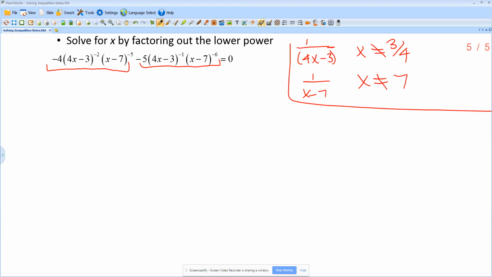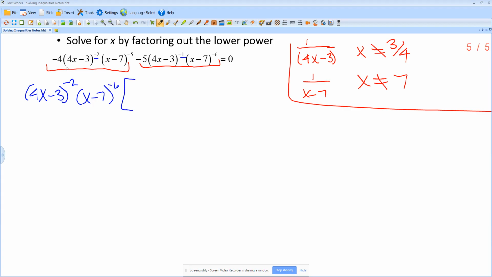All right, so now let's deal with the factoring. Looking at the coefficients, you could take out a negative, but you don't exactly have to take out the negative. Sometimes it's helpful, but I'm going to leave it. Looking at the 4x minus 3's, I have -2 and -1. I take out the lower one, -2. Looking at the x minus 7's, I have -5 and -6. I take out the lower one, -6.